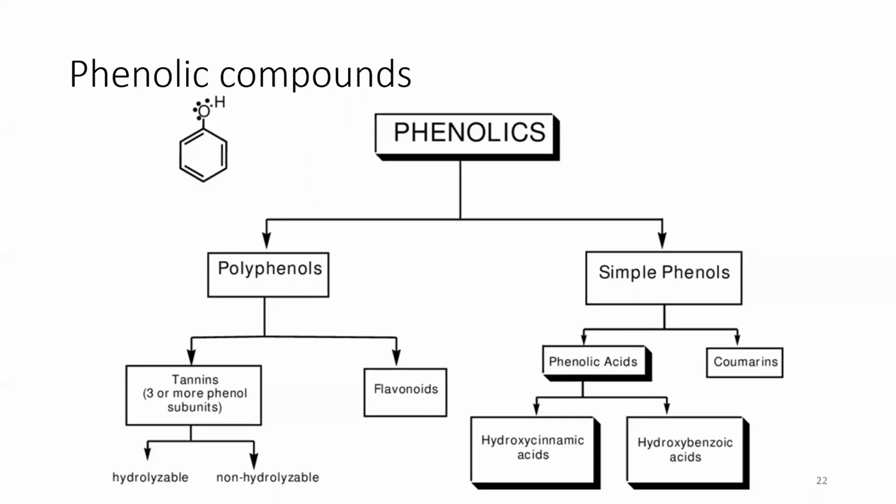We often think about these compounds as some of the beneficial non-nutrient compounds found in plant foods. There are a lot of them, but a lot of them don't really have any color, so we only talk about a few of them when we're talking about color.